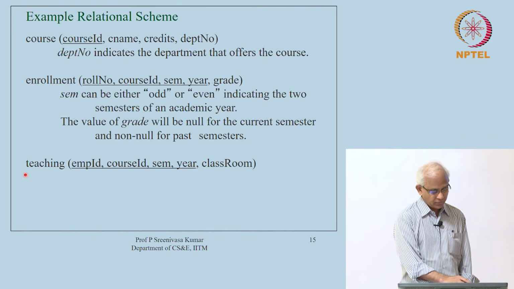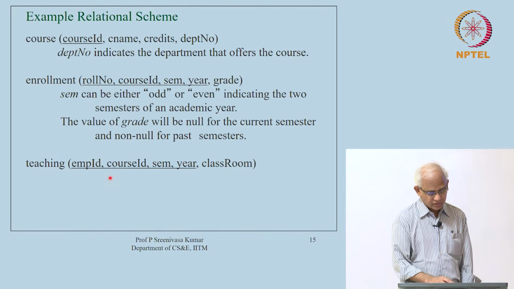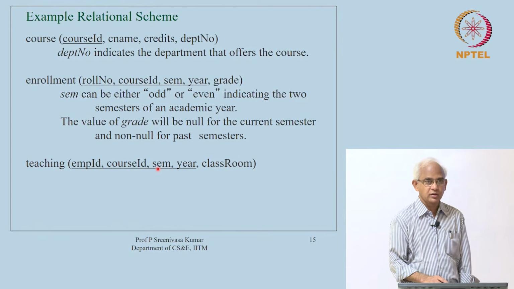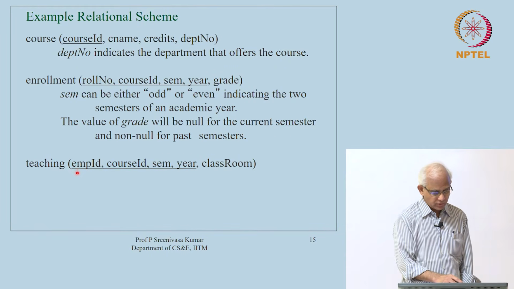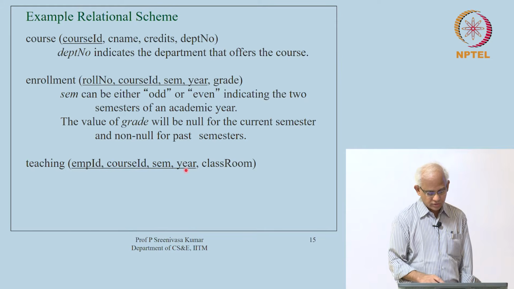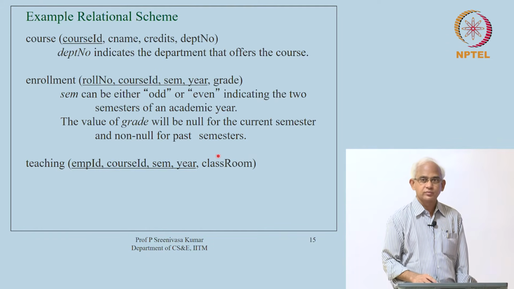So, we have a teaching relation which basically captures that a particular employee, a particular professor is teaching a particular course in a particular semester and a year. Okay. For example, I am teaching this CS 3700 course of the odd semester of 2019 in the classroom CS 25, like that.